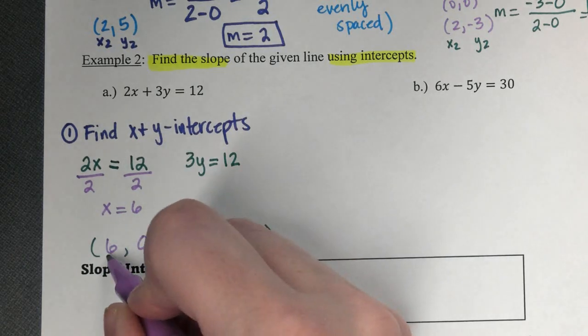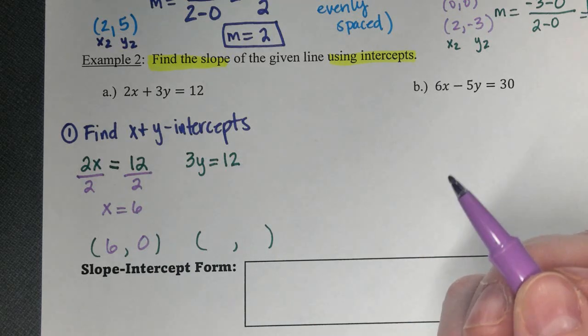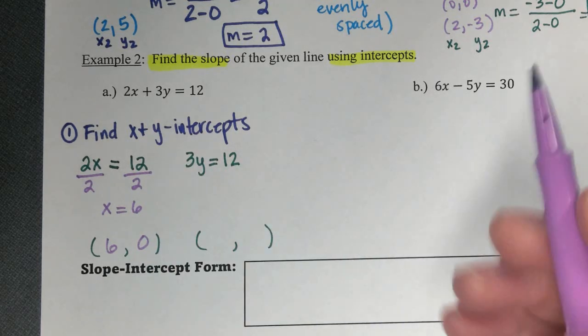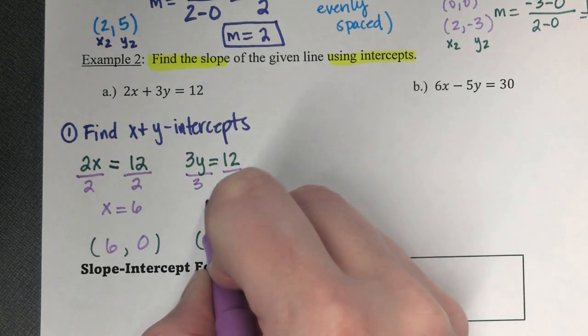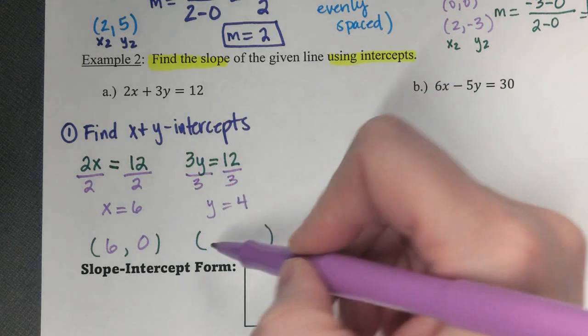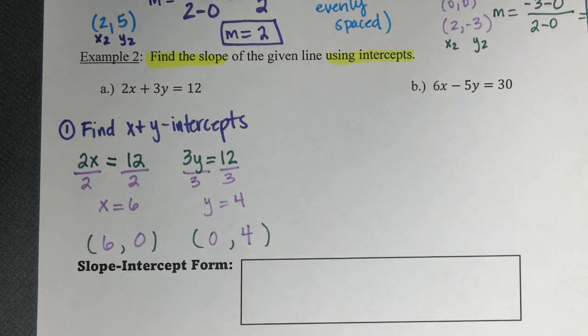Every point is x, y. Okay, great. And then, Avery, for this one, what would you do to both sides? Good. And what'd you get? 4. Nice. And then your point? 0, 4. Awesome.